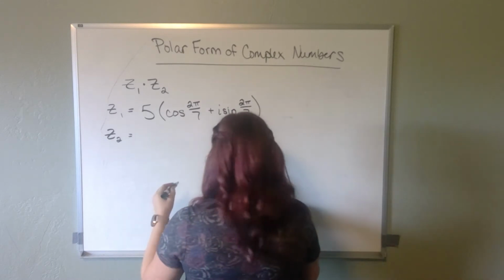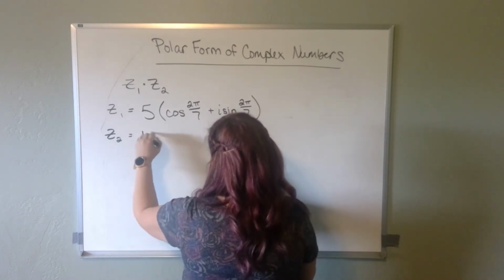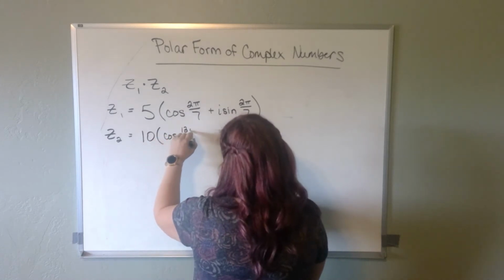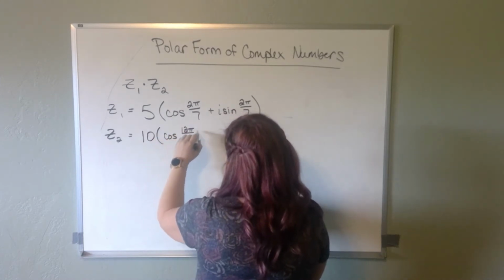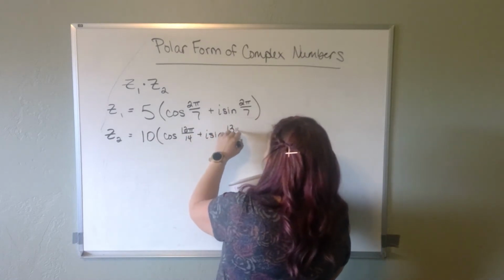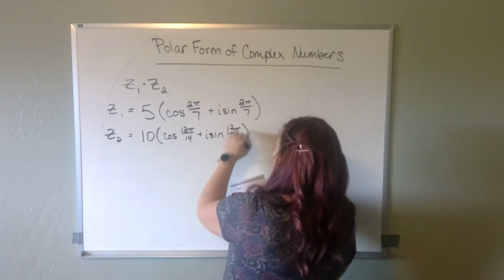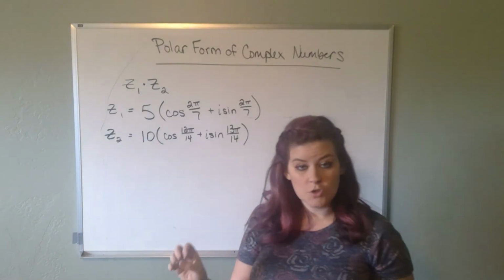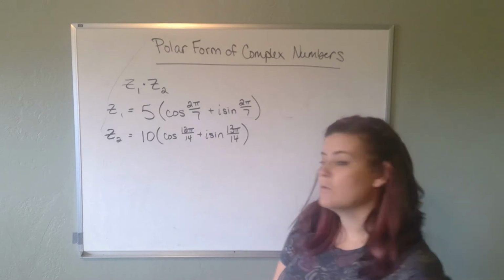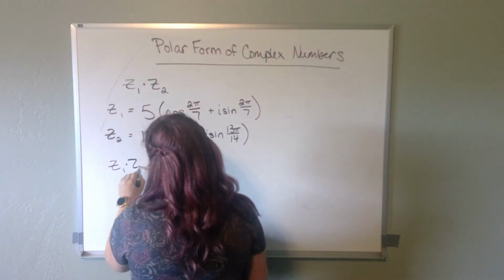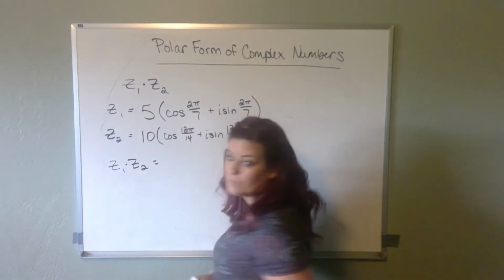Your second complex number is 10 times the cosine of 13 pi over 14 plus i times the sine of 13 pi over 14. So what I would do on these is find your new r and find your new theta. Remember, your new complex number is going to be z1 times z2.